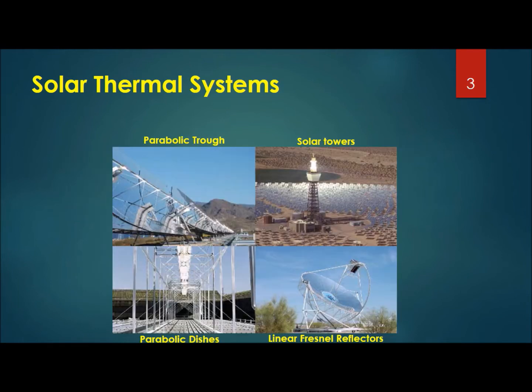The first one is parabolic trough. Parabolic trough shaped mirrors collect and then reflect the solar energy onto receiver tubes positioned along the focal line of the parabolic mirrors. The troughs are usually designed to track the sun along one axis, predominantly north to south.